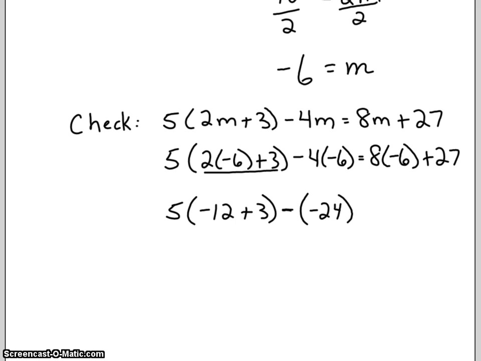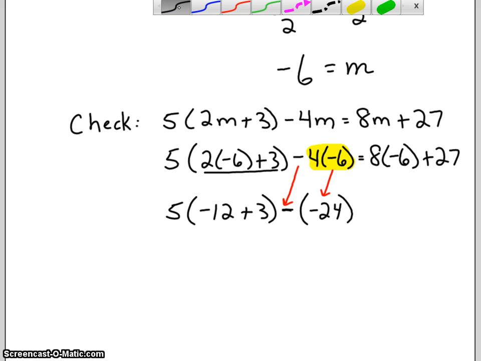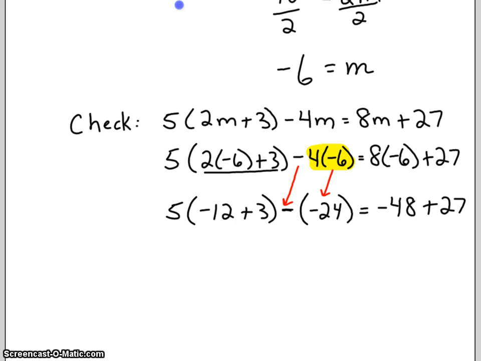A lot of people get confused here. I just did the 4 times the negative 6, and then brought this minus sign down. Over here, 8 times negative 6 is negative 48, and then bring down the plus 27.